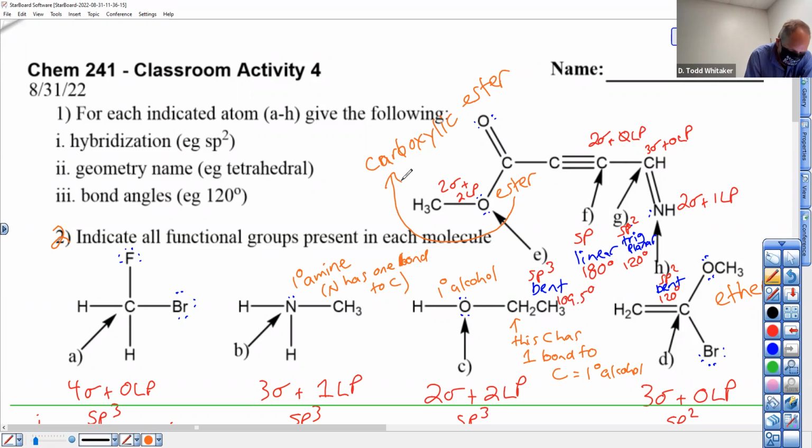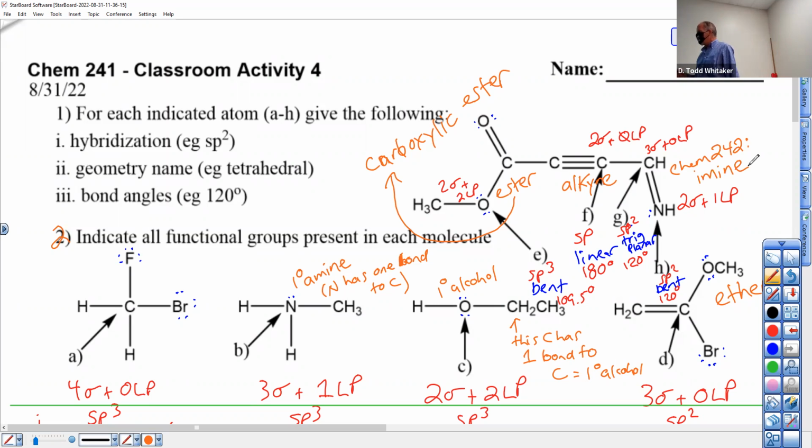F is a C with a triple bond to C. That's called an alkyne. Alkyne and a C double bond to N. Oh, that's a Chem 242 functional group. So it would be like a bonus. It's not in chapter 1. It's called an imine. So imines are like amines, right?